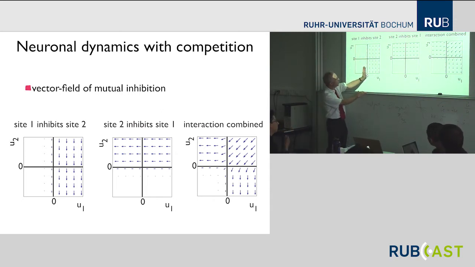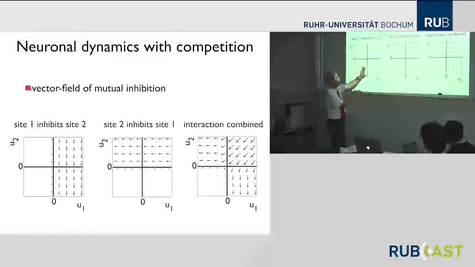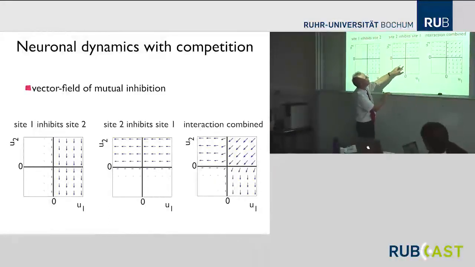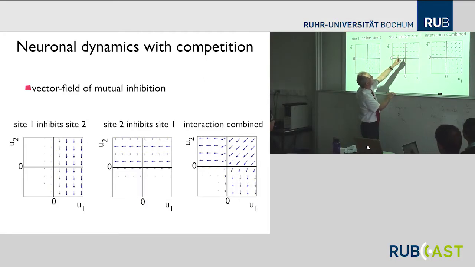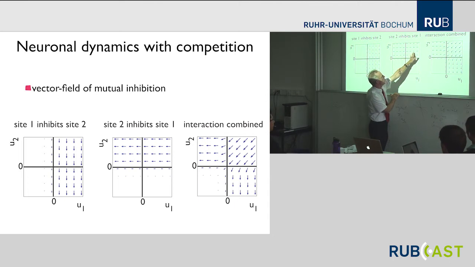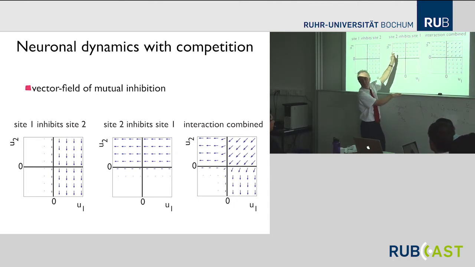Because of the sigmoid, it only shows up where U1 is positive. So only here do you have an influence of U1. When U1 is deactivated, there's no influence. You see that? This is the same the other way around. So the influence of neuron number 2 on neuron number 1 only exists where U2 is active, and it pushes U1 to negative.